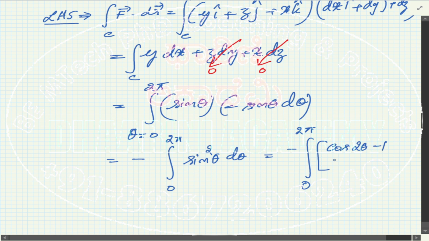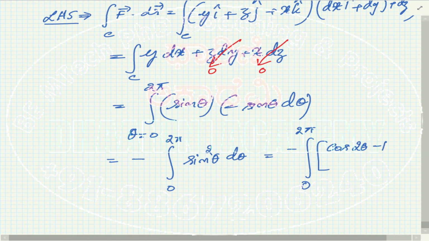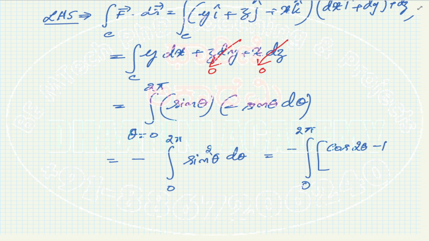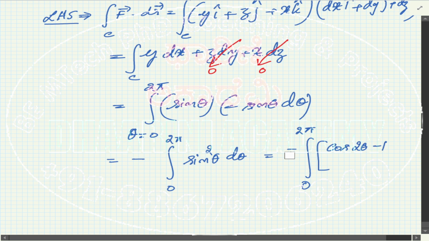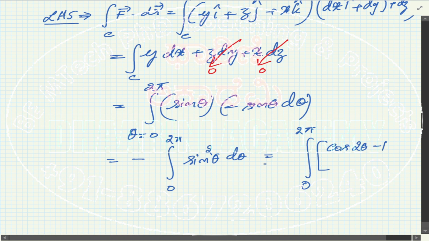Sine square theta is 1 minus cos 2 theta by 2, but I'll take the minus inside, so it becomes cos 2 theta minus 1, whole divided by 2, into d theta.